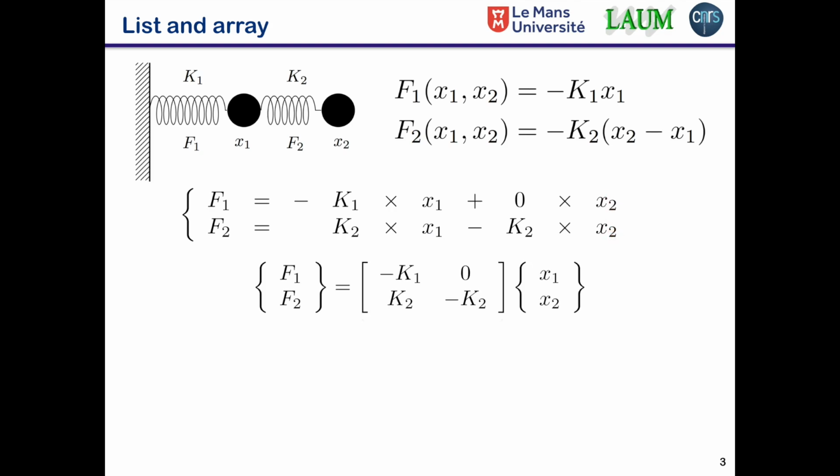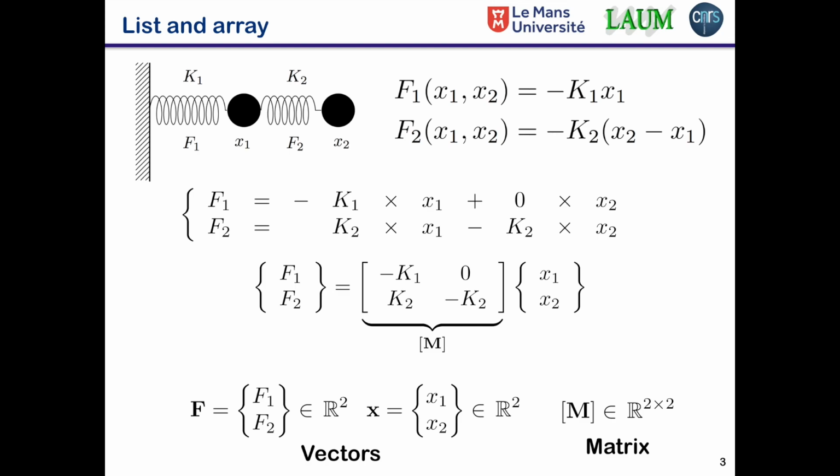Then we can write this as a single relation by merging F1 and F2 in a vector called F. This is a list of two numbers. The same for the displacement. The relation between the displacement and force can then be rewritten with an array of four numbers, two lines and two columns.